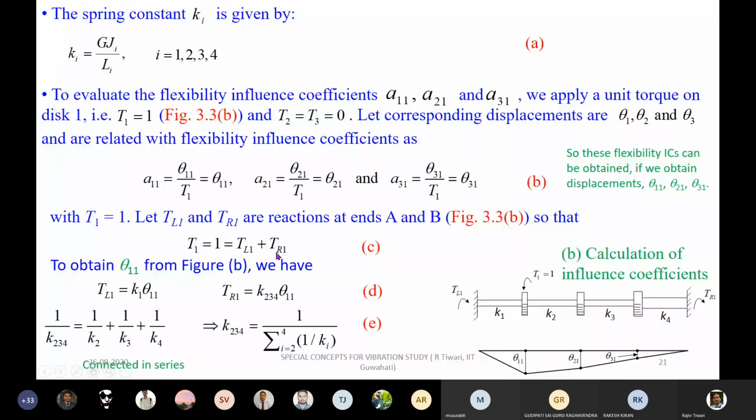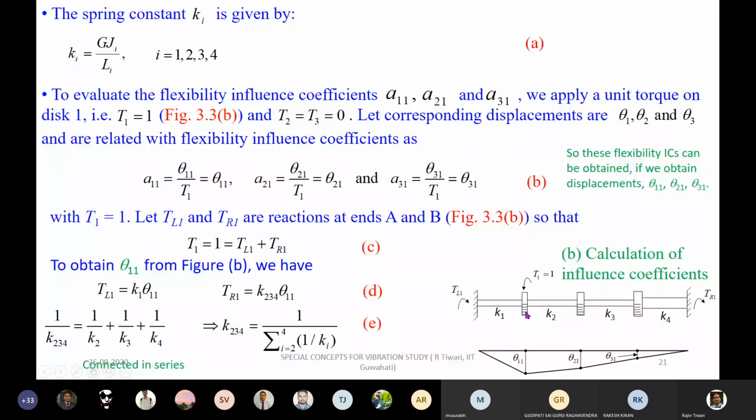Now, TL1 can be obtained because here the stiffness is K1 and the displacement of the disk 1 is theta 11.